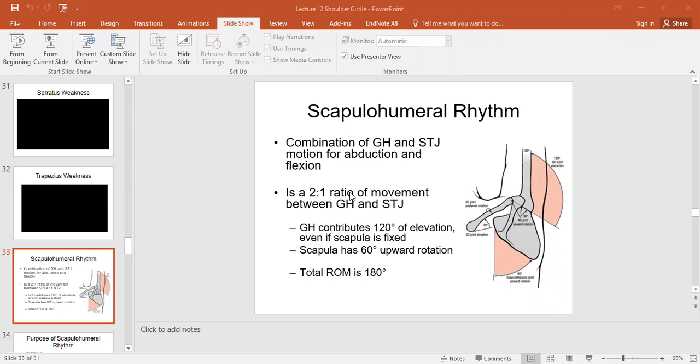So how would we address a capsule that's too loose? What can we do to support that? Anytime ligaments are too lax or you have some instability from lax ligaments, that's passive support. So what can we do? Strengthening the rotator cuff muscles. Right. So active strengthening. So get some active support from the muscles surrounding that joint.